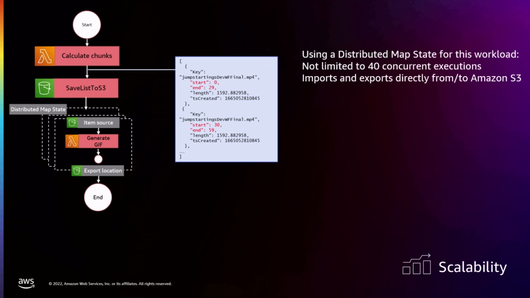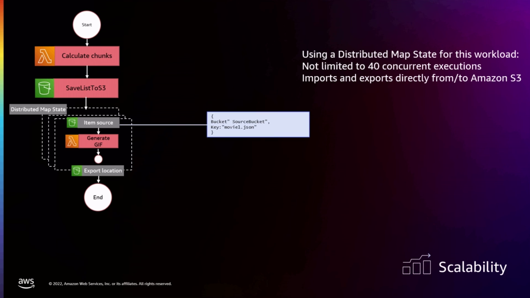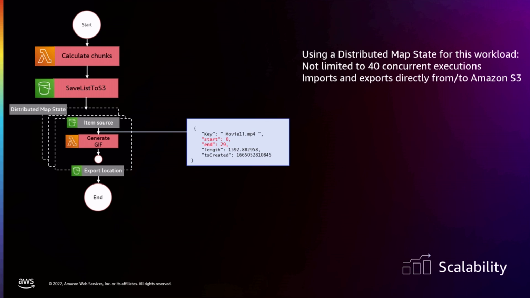I create an array of metadata for each GIF animation, which I save into S3. Then my map state starts, pulls out that array, and runs an individual Lambda function for each GIF animation. That individual Lambda function, again, uses ffmpeg to generate the GIF, and then exports it back to S3.